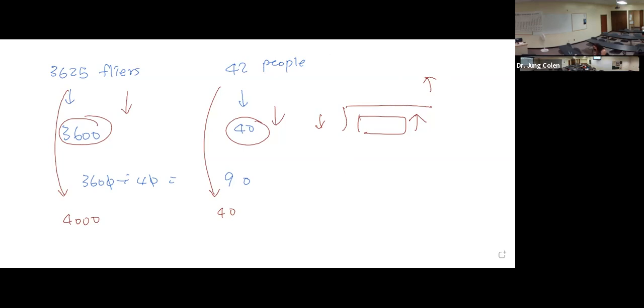Okay, so we have the dividend, and we have a divisor here. If we increase the dividend, what happens to the quotient? It's increasing too. If we increase the divisor, what happens to the quotient?